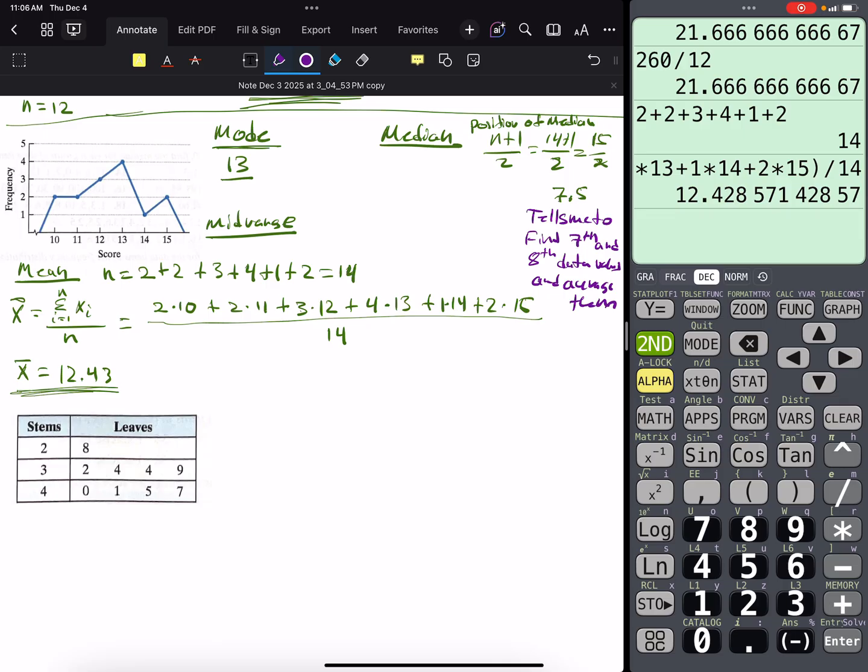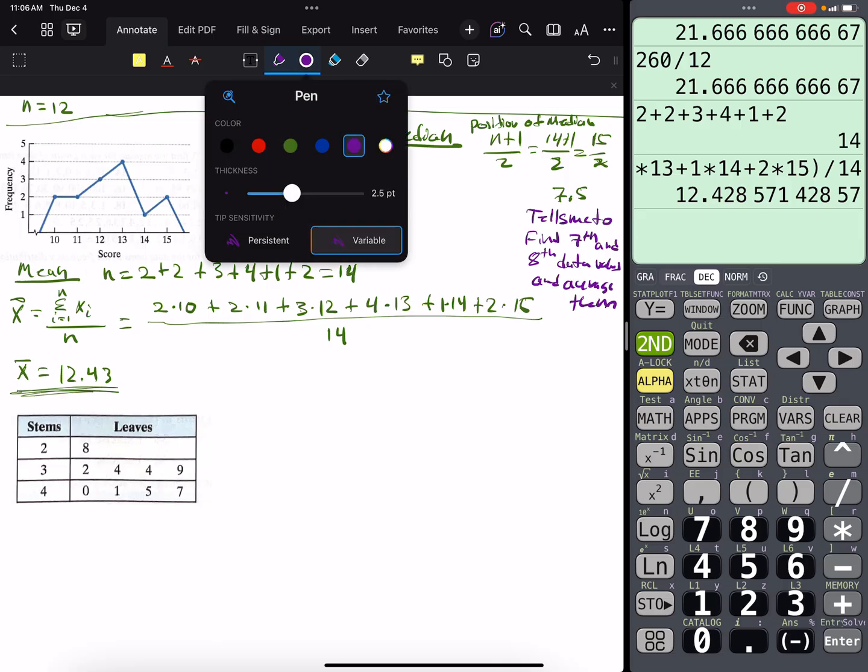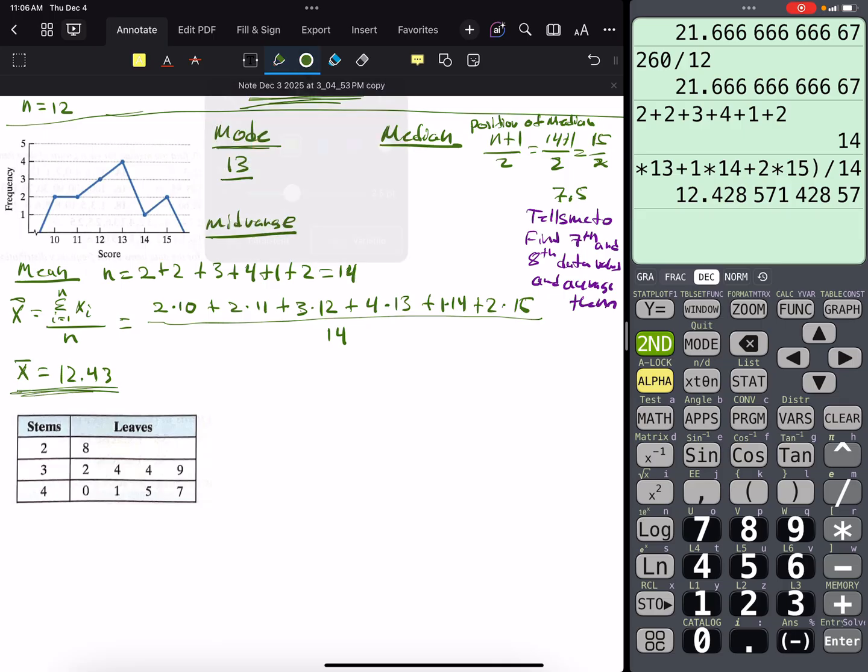Okay, well, the 7th data value, how am I going to do that? Well, I'm going to go 1, 2, 3, 4, 5, 6, 7. And so my 7th data value is a 12.